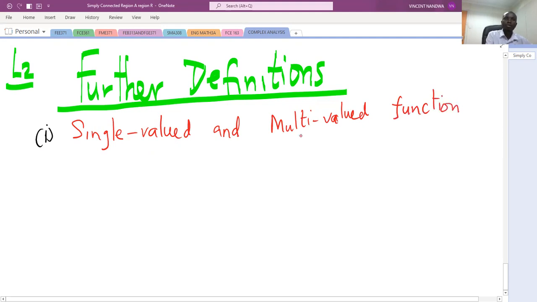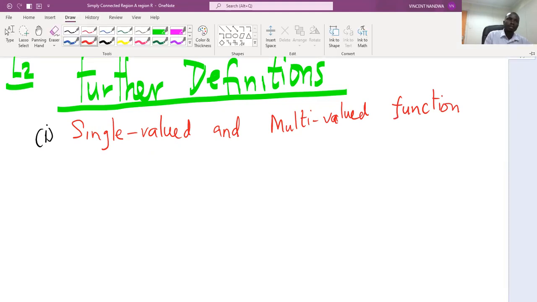So I want to define what we mean by a single valued and multi-valued function. So let's start by defining what we mean by a single valued function.